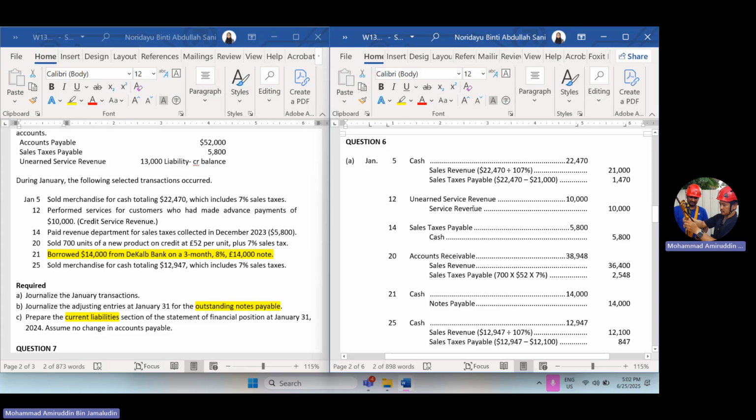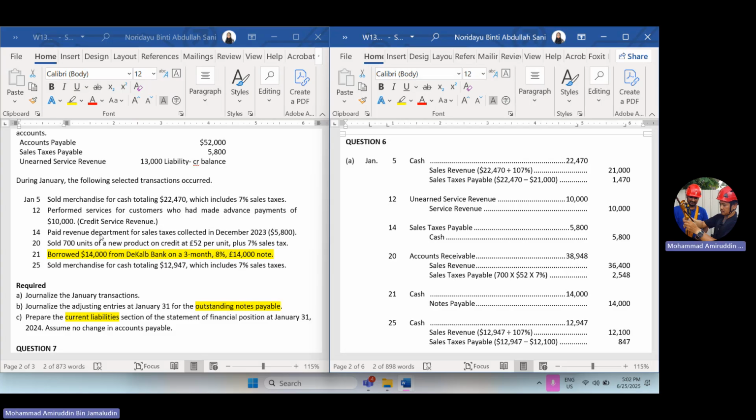So that's why you credit service revenue. So you will debit your unearned service revenue. Unearned service revenue is credit balance, liability. When you debit unearned service revenue, meaning your liability reduces. Okay? So 10,000, debit unearned service revenue, credit service revenue.